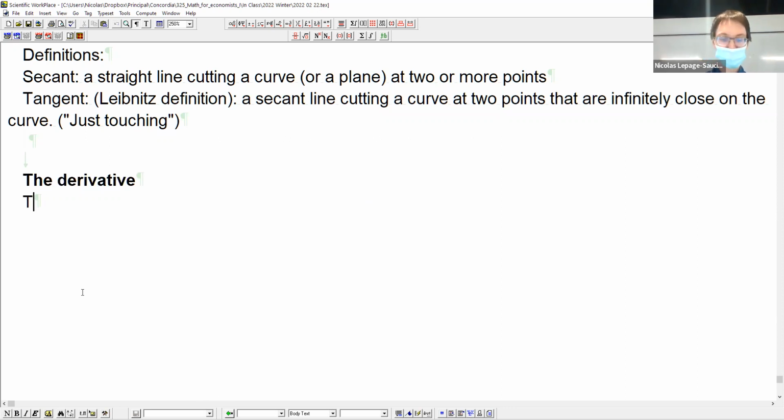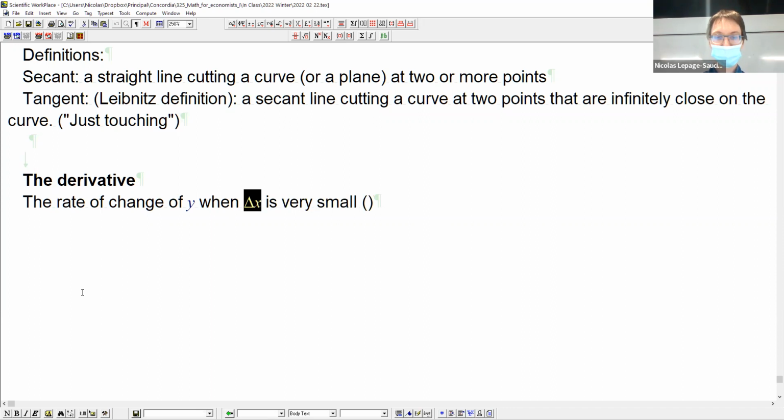Yes, so it's the rate of change of y when delta x is very small. So we say delta x is arbitrarily close to 0.